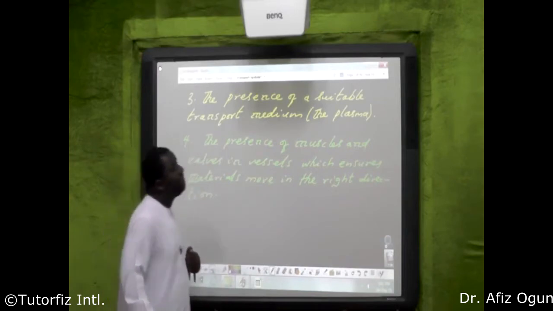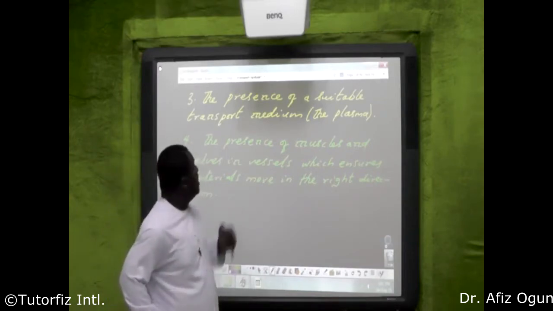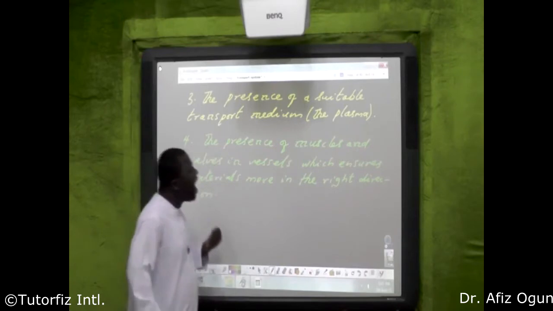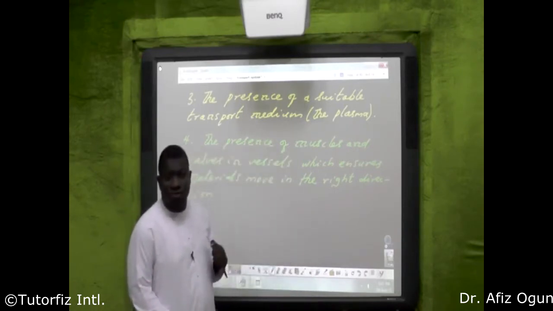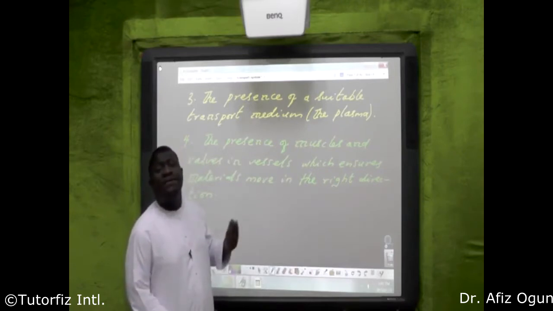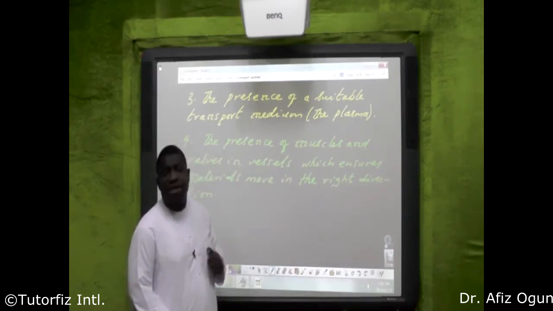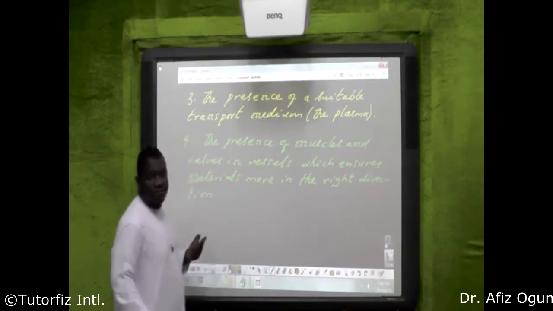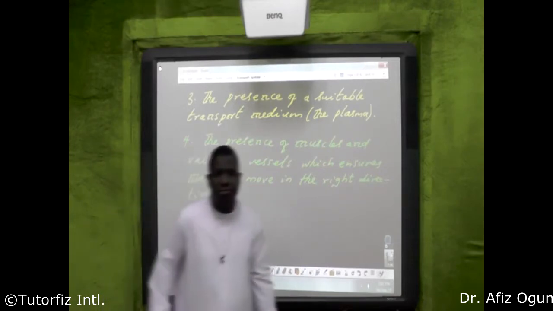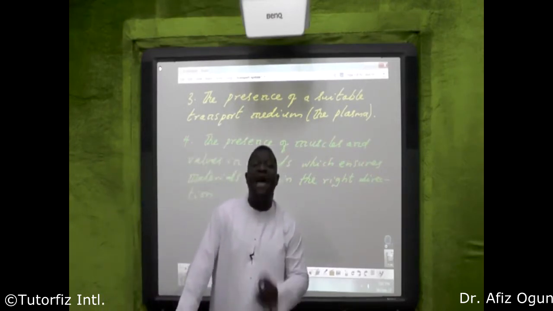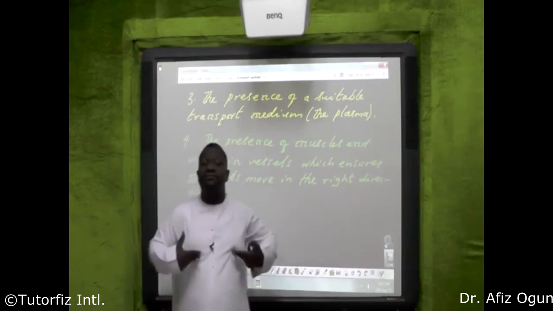Now, the 4th feature is the presence of muscles and valves, which ensure that the materials move in the right direction, directions where they are wanted, where they are needed. Blood down your legs still finds its way up to the heart.